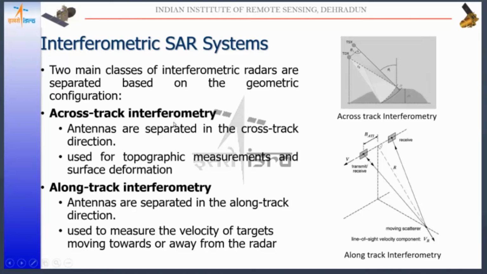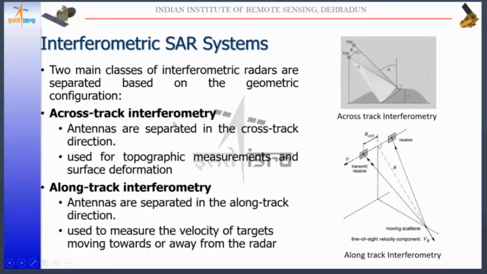If the antennas are displaced in the range direction, it is called across track interferometry. If the displacement of the two antennas is along the azimuth, or along track, that is called along track interferometry.